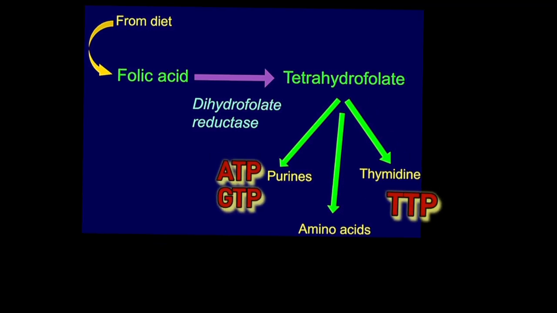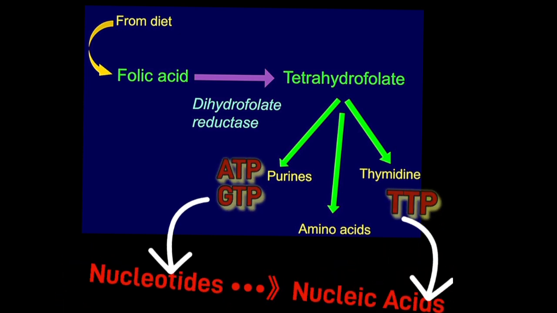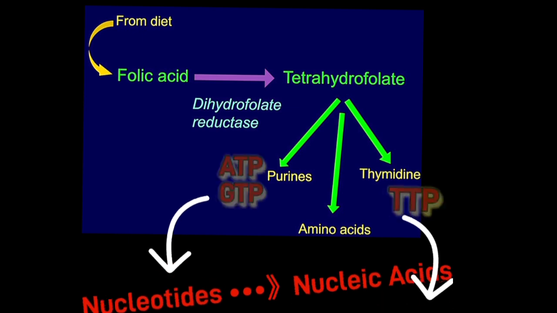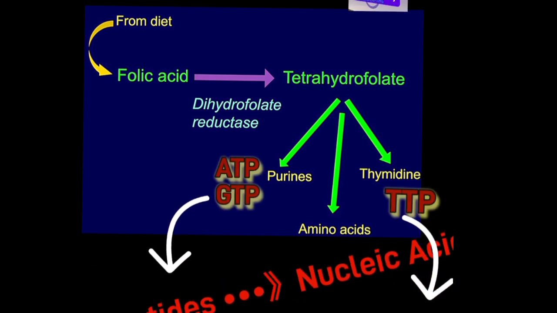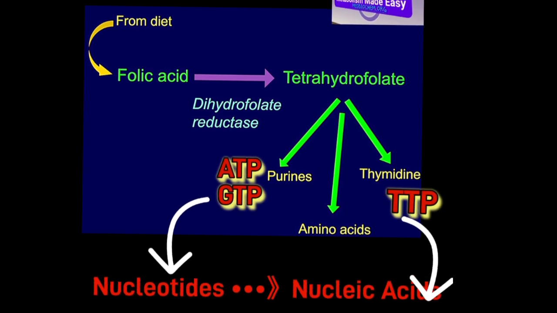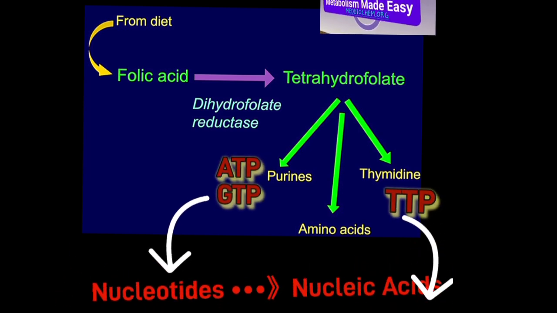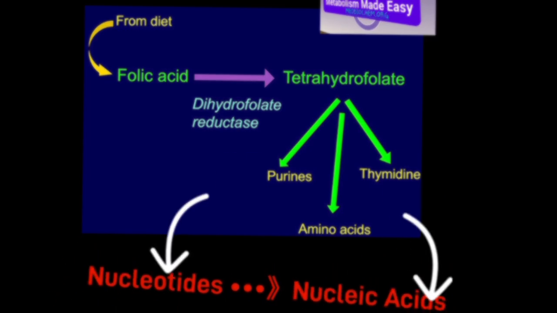Adenine nucleotides and thymidine are extremely important. The reason they're important, because without nucleotides, you can't make nucleic acids. And without nucleic acids, you can't have cell division, replication, and all of that.